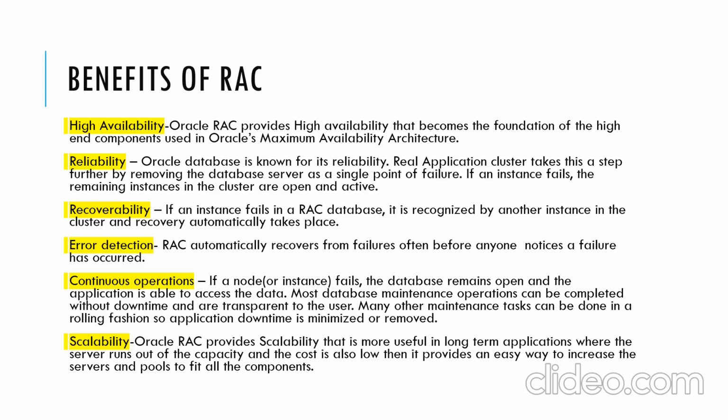Scalability. Oracle RAC provides scalability that is more useful in long-term applications where the server runs out of capacity, and the cost is also low. Then it provides an easy way to increase the servers and pools to fit all the components.